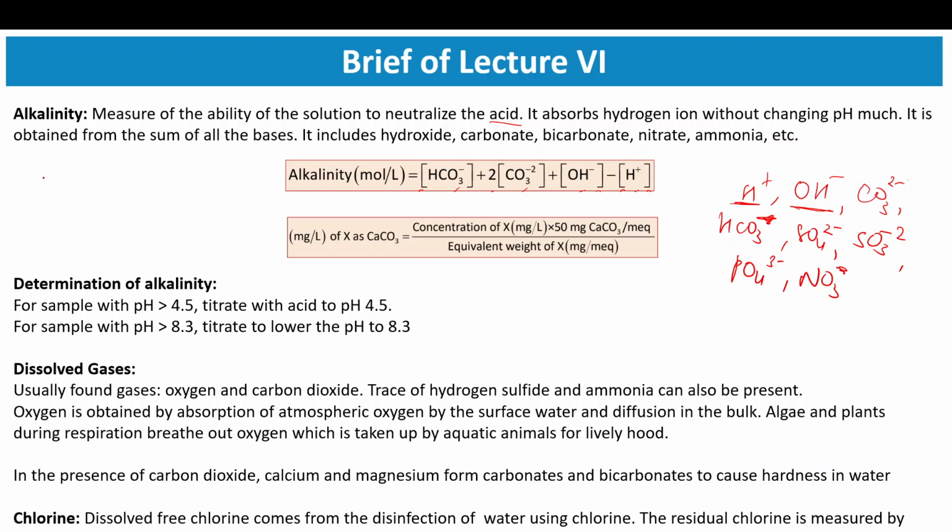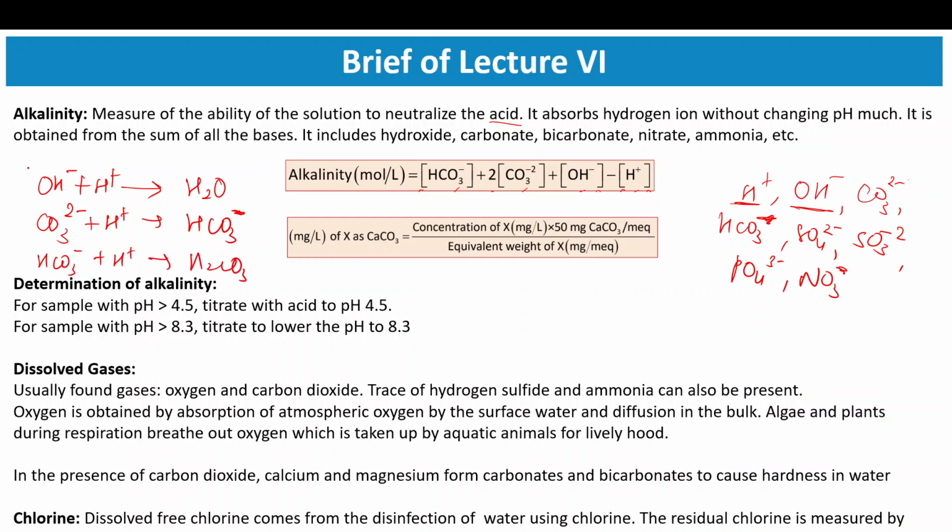For instance, OH minus is an anion which has basic tendency, a well-known thing. It can react with H plus to form H2O. Carbonate, for example, CO3 2 minus can react with H plus to give you bicarbonate. Further, this bicarbonate can react with H plus to form H2CO3.